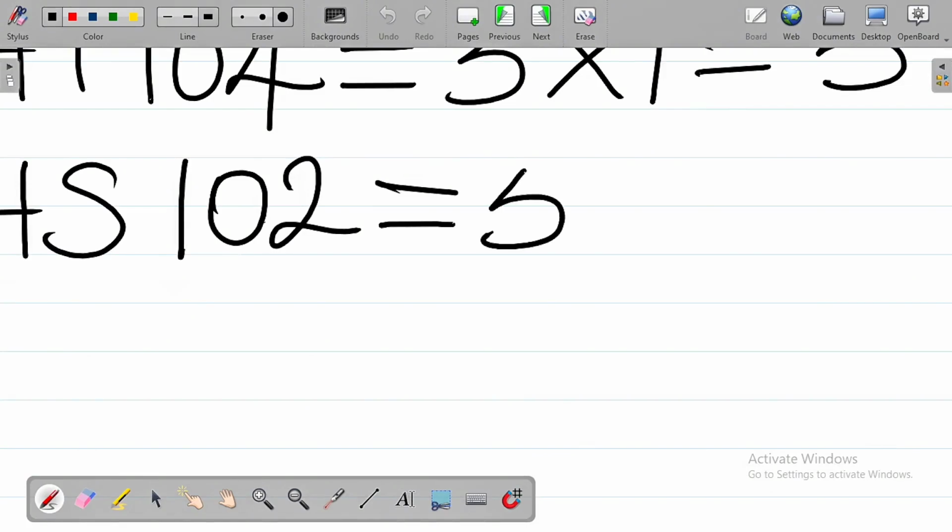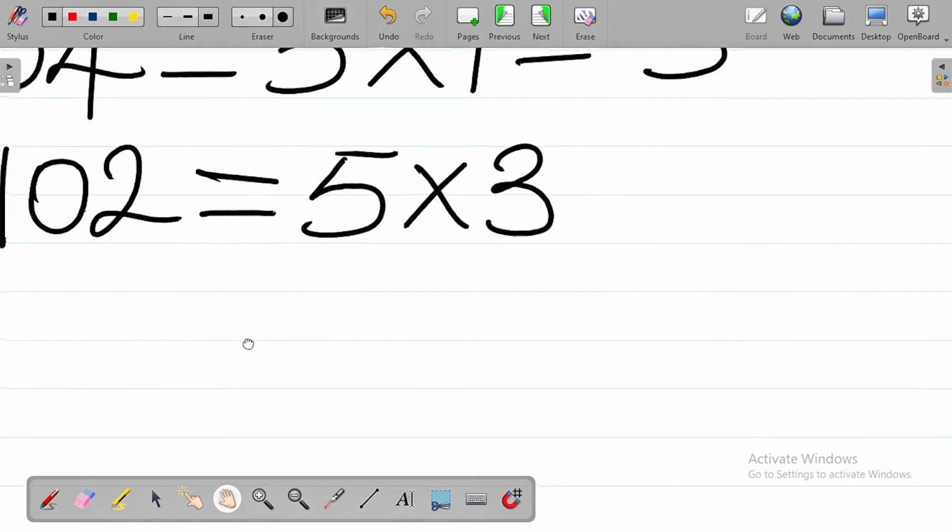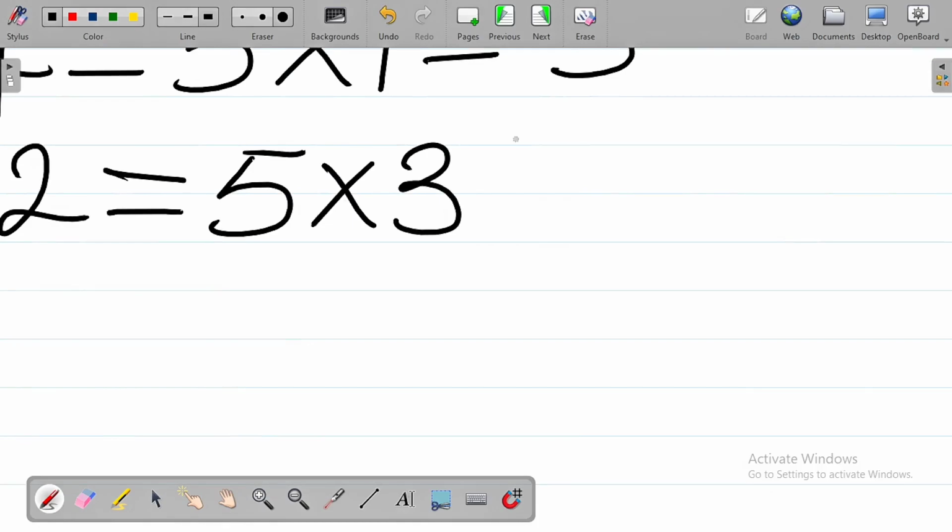So we have here 5 multiplied by the unit. The unit is what? It is 3. So 5 multiplied by 3 gives us 15.